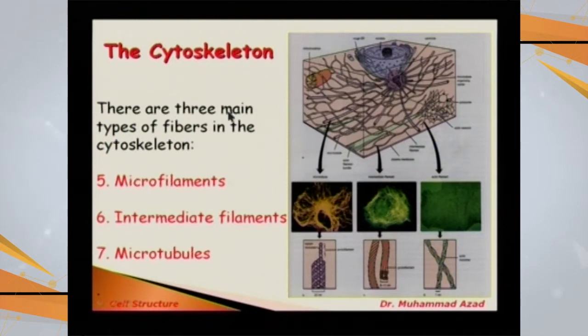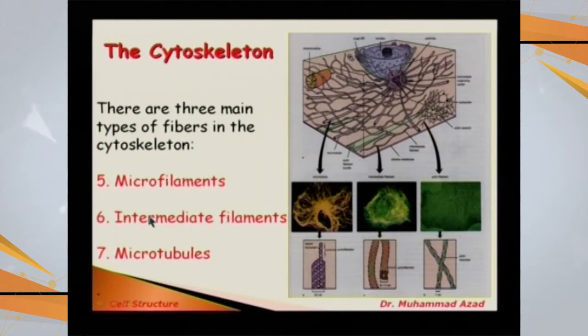There are 3 main types of fibers under the category of cytoskeleton, not bounded by the membrane. These are microfilaments, intermediate filaments, and microtubules. The basic difference is their size. Microfilaments are almost 7 to 8 nanometers in diameter.